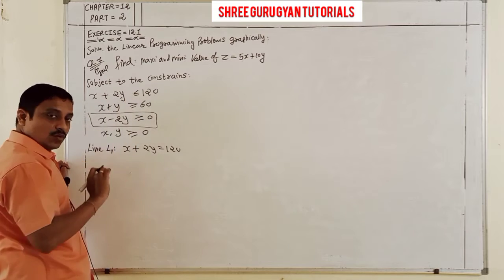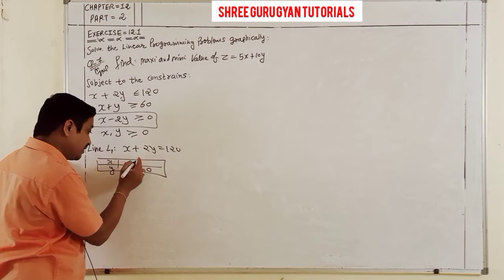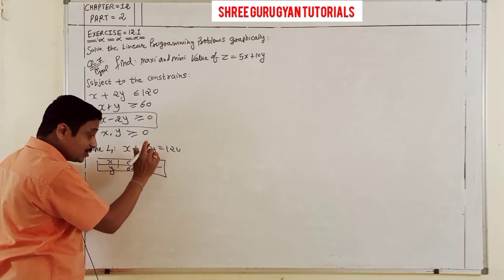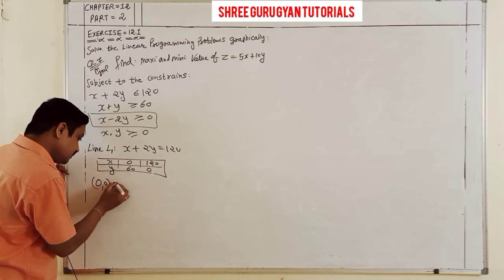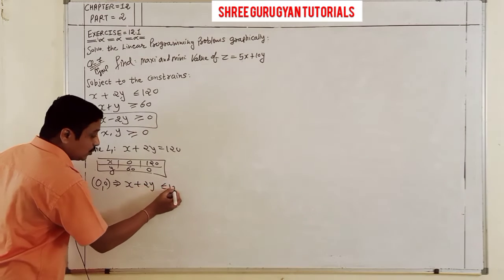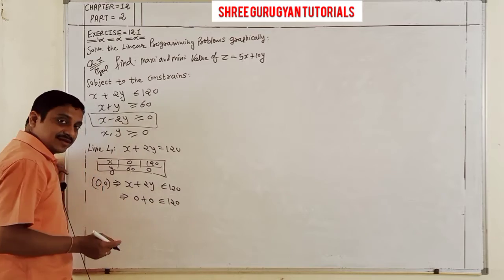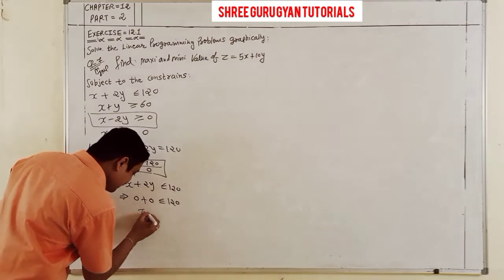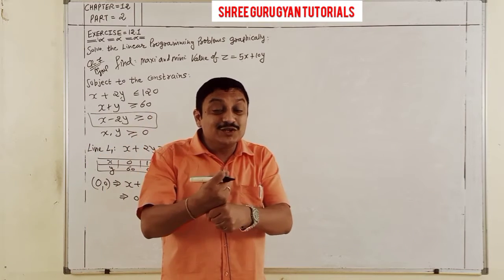Go to the table, take some points: x is 0, y is 60, but y is 0, x is 120. Then check with the origin: x plus 2y less than or equal to 120, so 0 plus 0 less than 120, surely it is true. This means my graph for the L1 line is towards the origin.